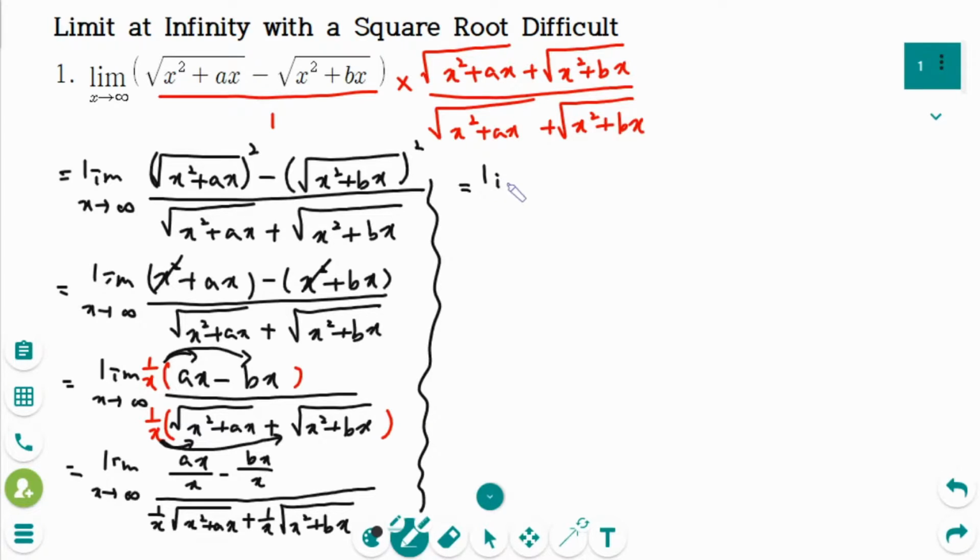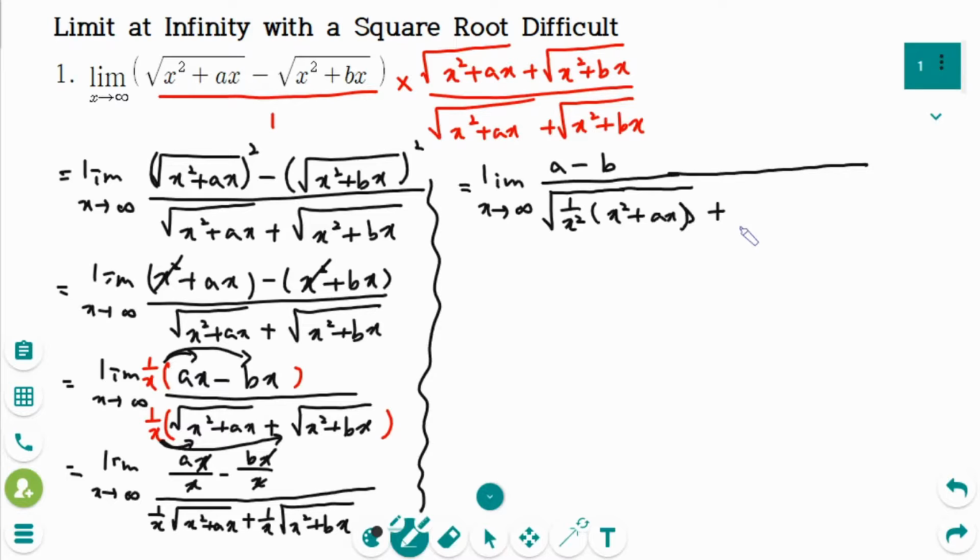And then simplify. The first one is a minus the second one is b over, the 1 over x is the same as square root of 1 over x squared. So I will put it in here, and then x squared plus ax, and then plus the same thing, like this.